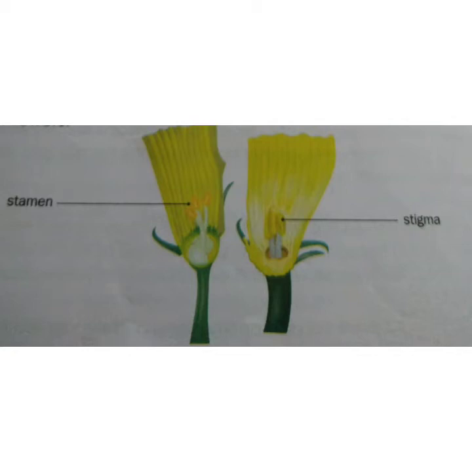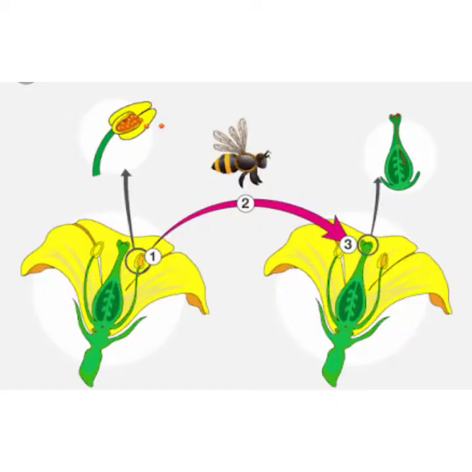Now we are going to read about the actual pollination. This is a photo of pollination. Pollination is the first step in the process of seed formation. The male reproductive cells or gametes are present in pollen grains that are inside the anther. The female reproductive cells or gametes are present in ovules contained in the ovary.